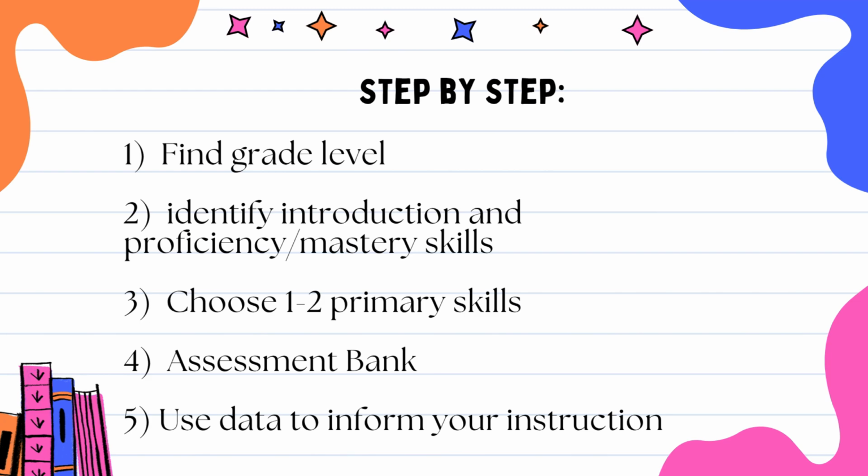That's how teachers end up frustrated and students end up very overwhelmed. Step 4, use the assessment bank to select items that match the skill and the level of proficiency. And step 5, review student responses to determine the next instructional move. That next move may be whole group reteaching, small group remediation, a quick warm-up, or targeted feedback during writing.